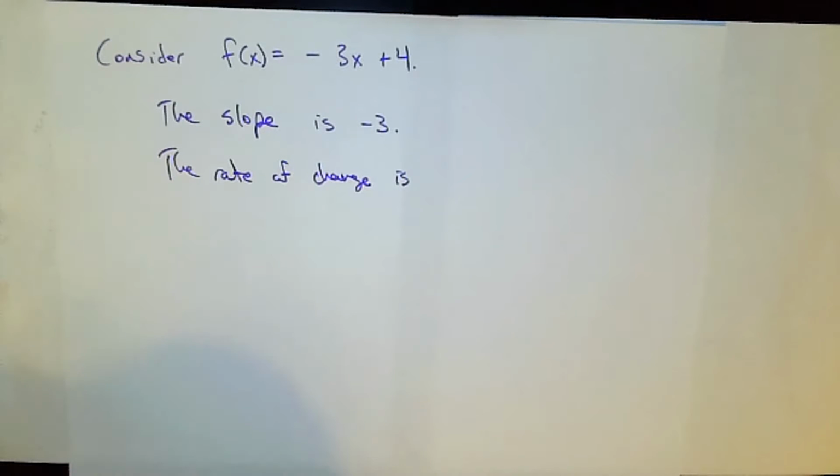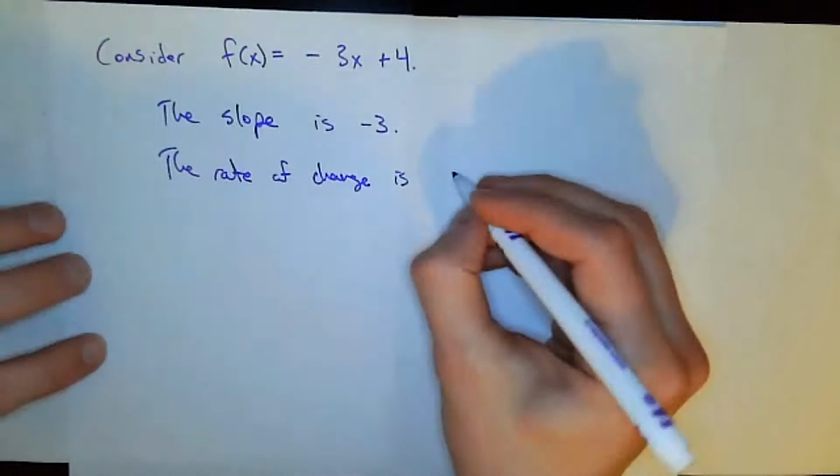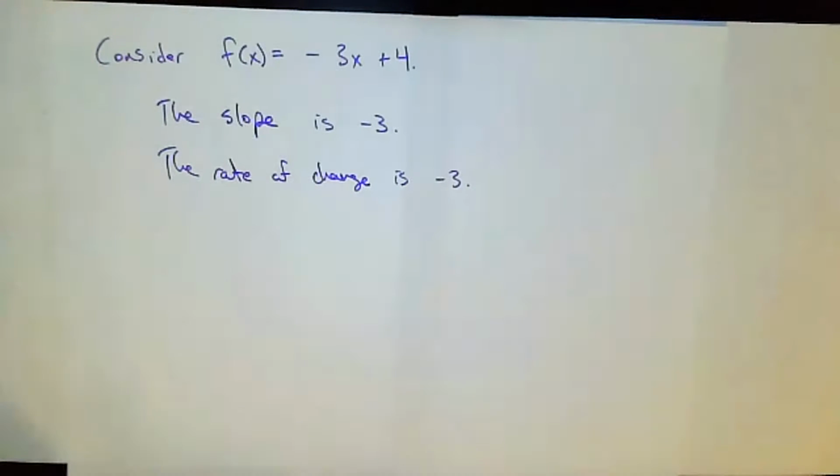What is the rate of change? Oh, sorry, got distracted. The rate of change is also -3, right? It's also -3 because the rate of change is the slope.